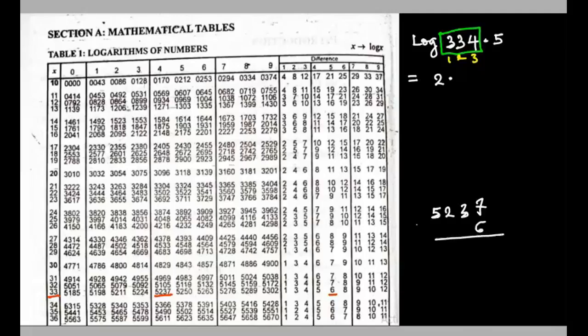So I will have 7 plus 6 is 13. I will have 4 here, 2 and 5. So my answer becomes 5, 2, 4, 3. Yes.